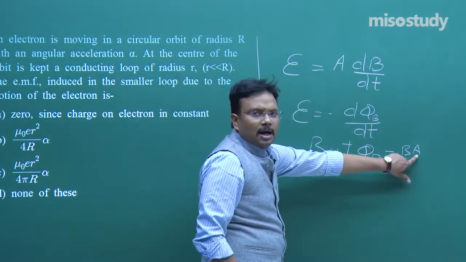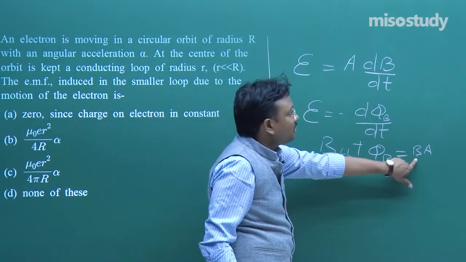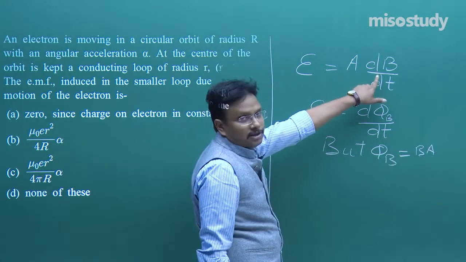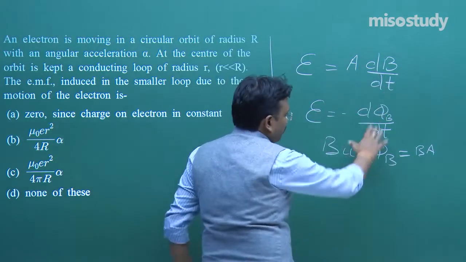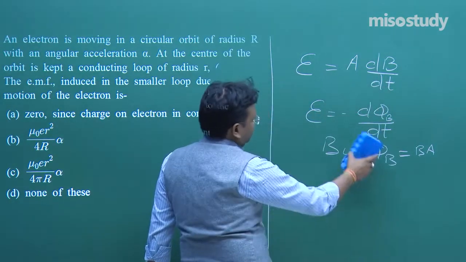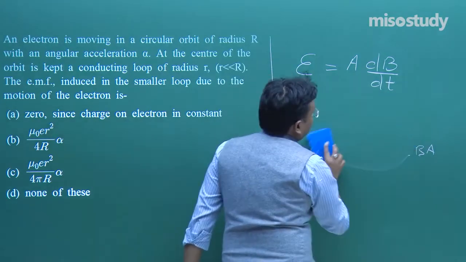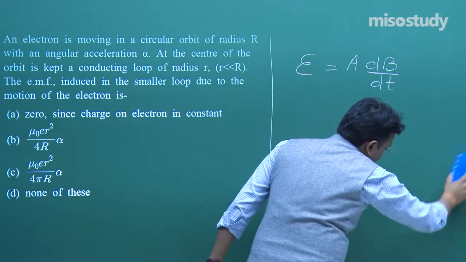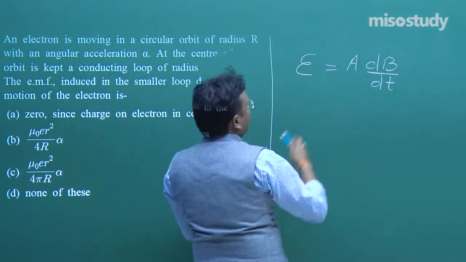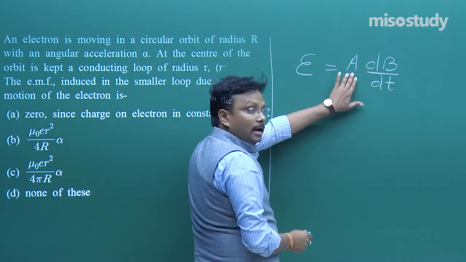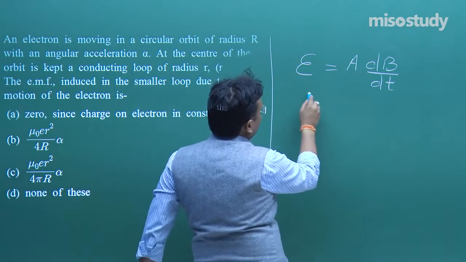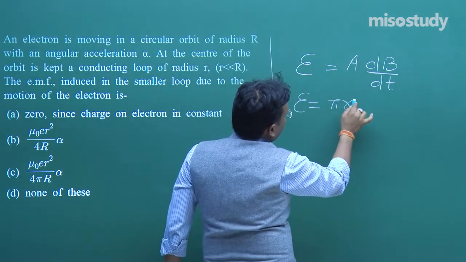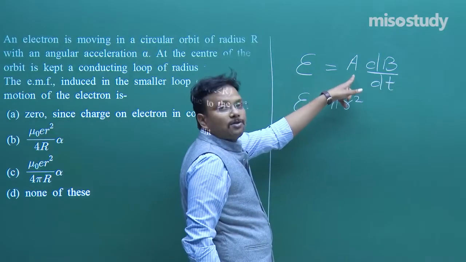A is the area, which is constant, and B is the value of the magnetic field which is varying, so that's why I am using this relation. I was not supposed to write this, as it is a very fundamental thing, but with this assumption I am starting, that a few of you may not have revised. Now because it is a circular area, without any difficulty I can write pi r square in place of A.